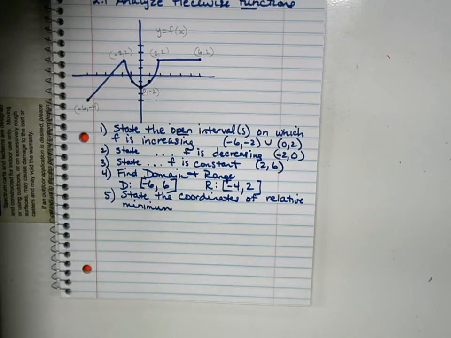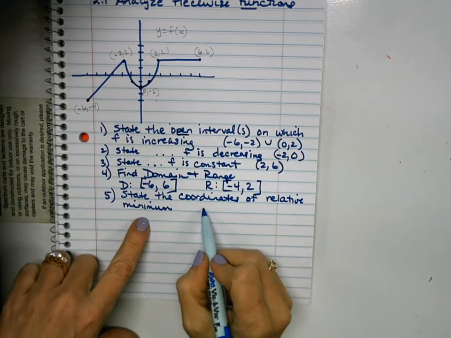Which is, we're going to abbreviate RELMIN from here on out, but we'll write it out this first time. Okay, what needs to happen to have a relative min is your function needs to go down and then up. It needs to decrease and then increase, and it could do it sharp or it could do it nice and smooth. Okay, but it needs to decrease and then increase. Okay, so keep that in mind for a relative min.